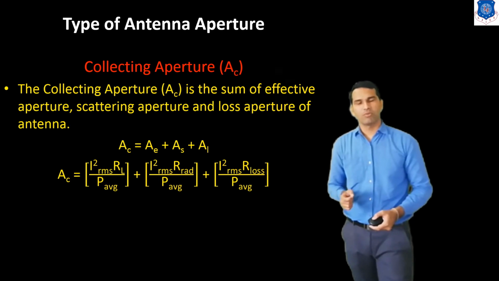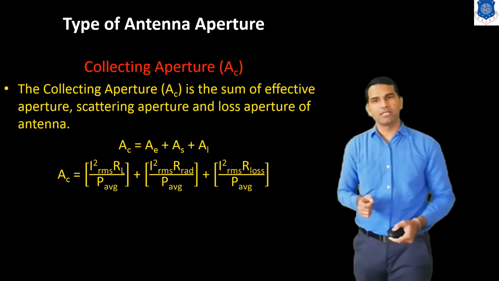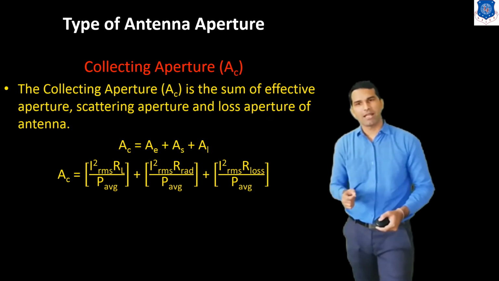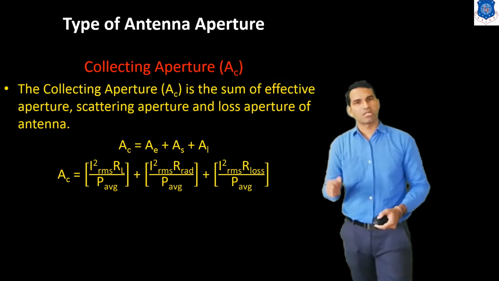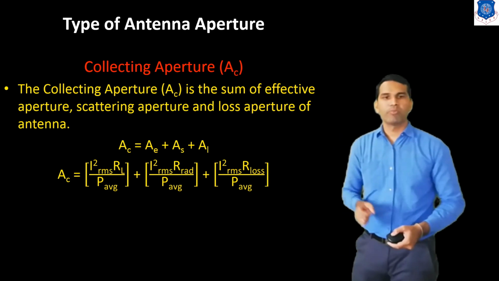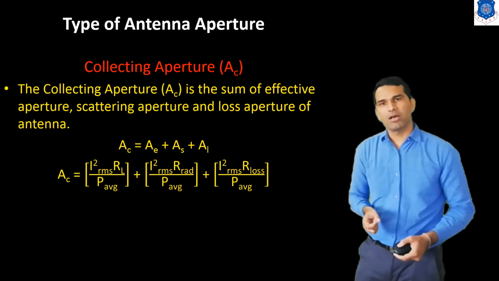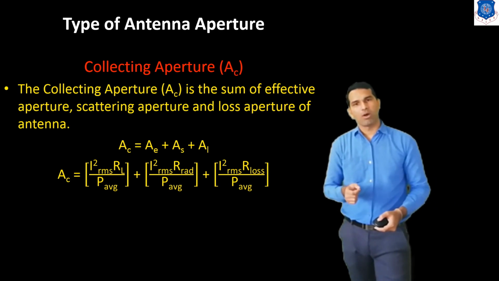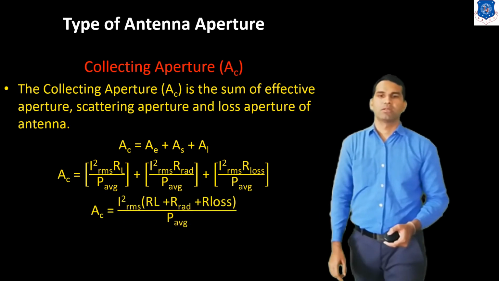For the effective aperture, it is I square RMS RL upon P average. For the scattering aperture, I square RMS R radiate upon P average, and for the loss aperture, I square RMS into R loss upon P average.